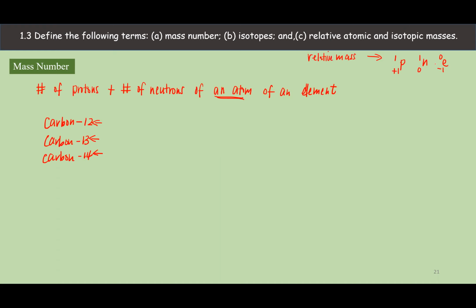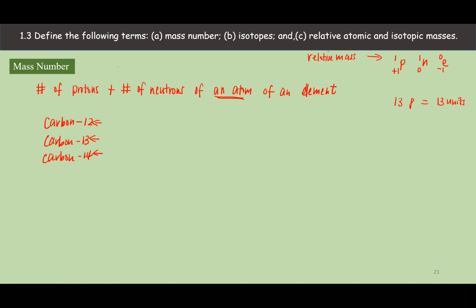If we were to add electrons, the masses are so small that we assign 0 to them, so they would not even count. Hence, mass number is given as the number of protons plus the number of neutrons. Now remember, because each proton has a relative mass of 1, if you have 13 protons, that would give us a mass of 13 units.